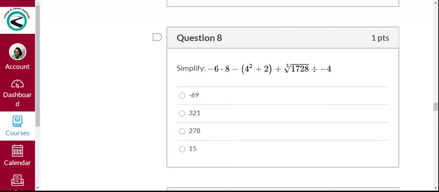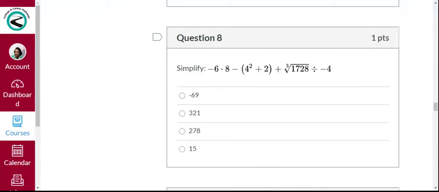So reading from left to right, I have to go into the parentheses first. So I'm going to just write -6 times 8, and then minus, and then inside of this parentheses, I have 4 to the second power, which is basically 4 times 4. So that's 16 plus 2. And that's the only parentheses I have.